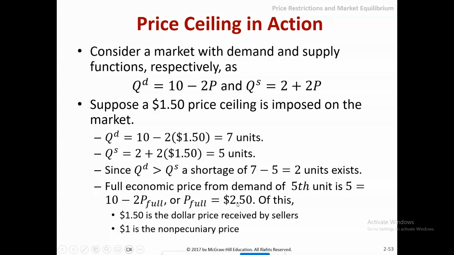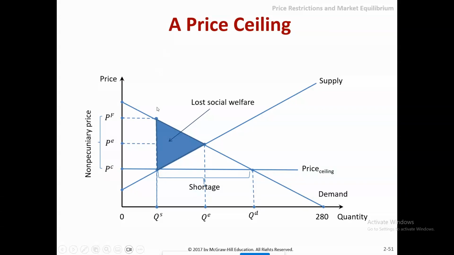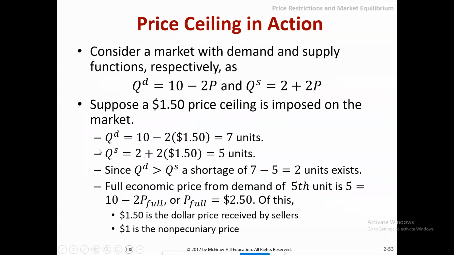You can figure out $2.50. So at the 5th unit, the consumers are willing to pay $2.50, but they end up paying $1.50. So the difference, 250 minus 150, $1, is the non-pecuniary price. It's not showing anywhere, but it is supposed to be like that.